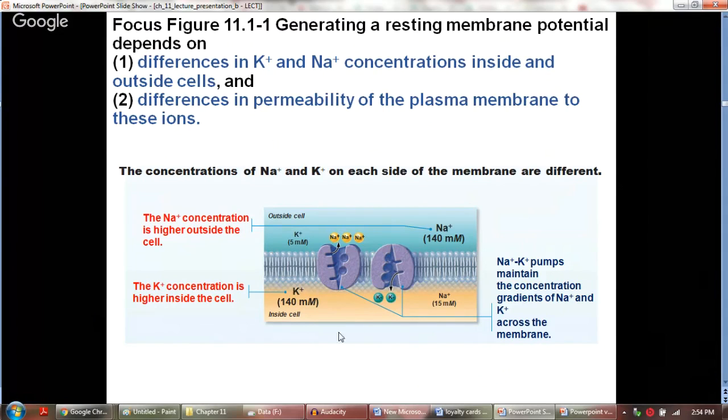This figure shows the differences in ionic composition, where the sodium amount is high outside of the cell and the potassium concentration is high inside the cell. And the sodium-potassium pump maintains the concentration gradient of the sodium ions and potassium ions across the membrane.